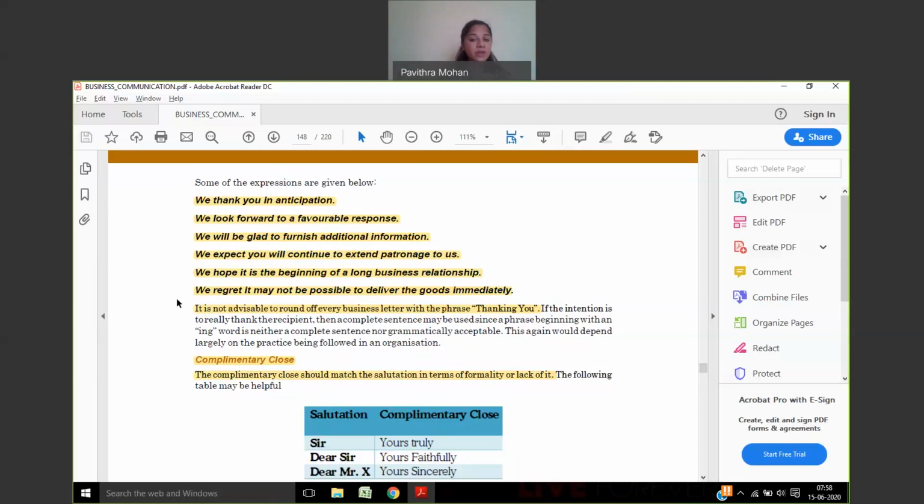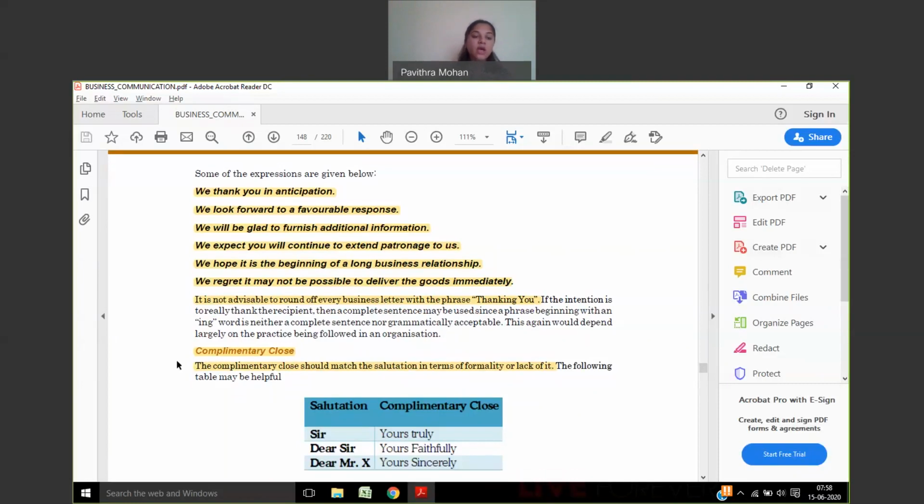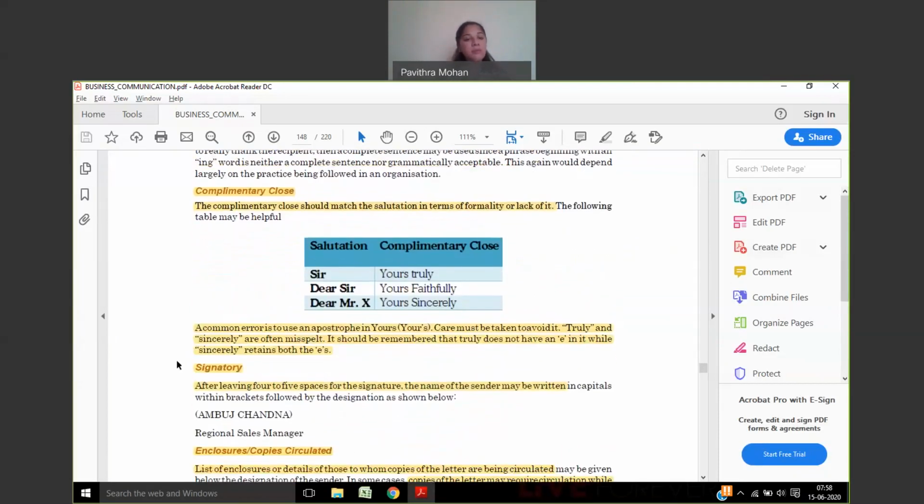It is advisable to round off every business letter with the phrase thanking you. So after writing this sentence, after one space, one enter, in the next line you can write thanking you. After thanking you, I go with my complimentary close. The complimentary close should go along with the salutation given.